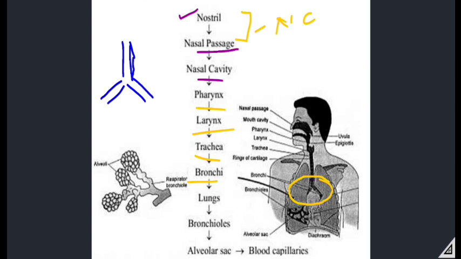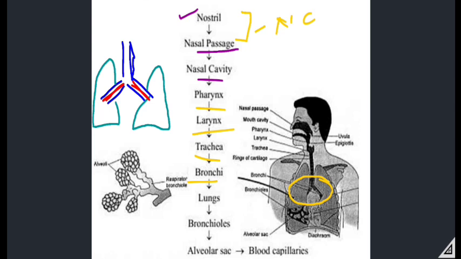After this trachea, your bronchi appear. Bronchi is what? This is your bronchi. Bronchi is the division of the trachea into two. See, here I am telling you, this is your trachea, right? This is a straight structure. When it divides into two and enters both the lungs, left and right, it appears something like this, right?